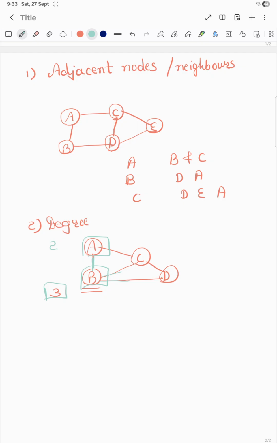Similarly, this is an undirected graph. For the directed graph, you need to take care of the directions. Suppose I have an edge from A to B, and then A to C, and here I have D, something like this. In this we have the concept of in degree and out degree.